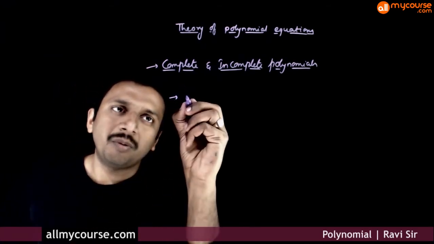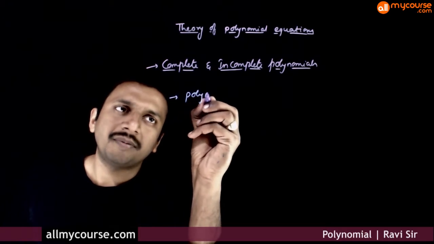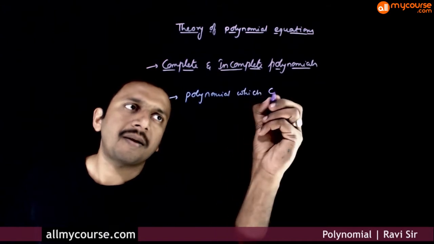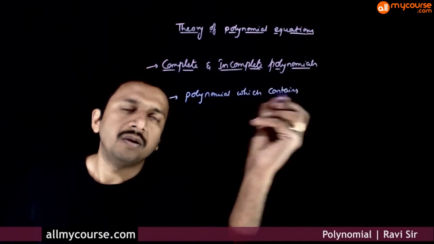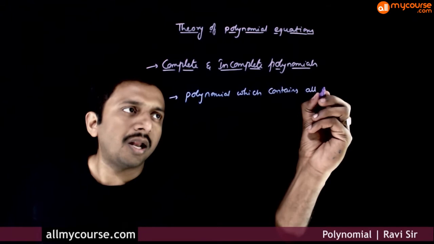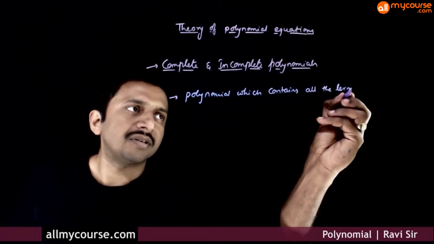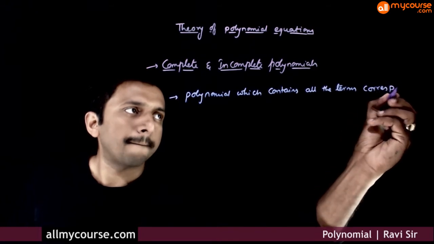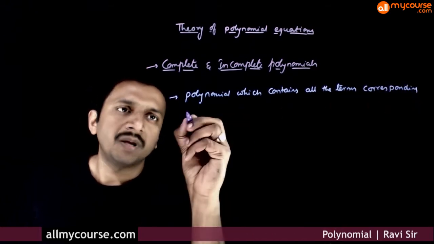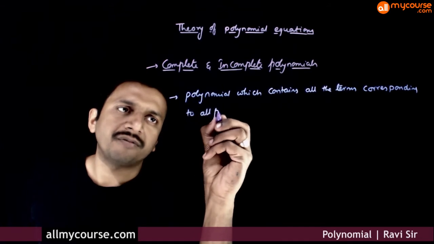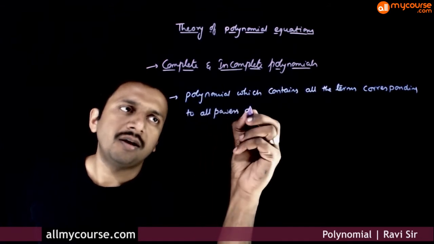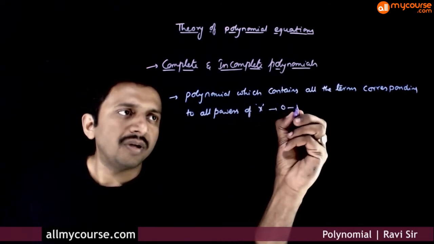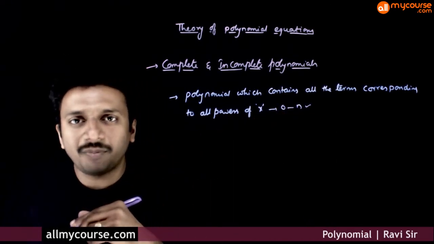A complete polynomial is a polynomial which contains all the terms corresponding to all powers of x from 0 to n.